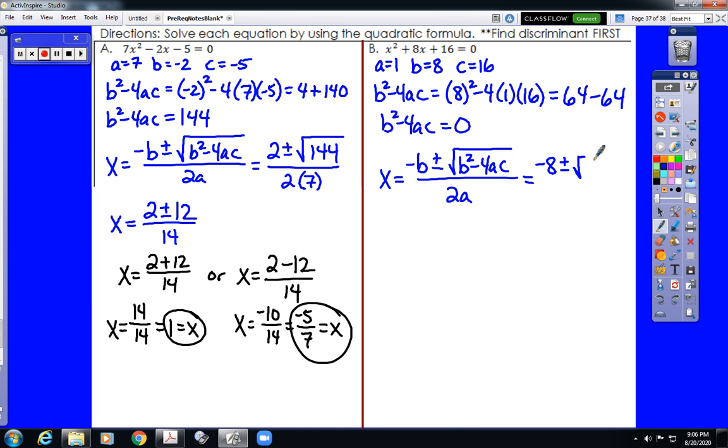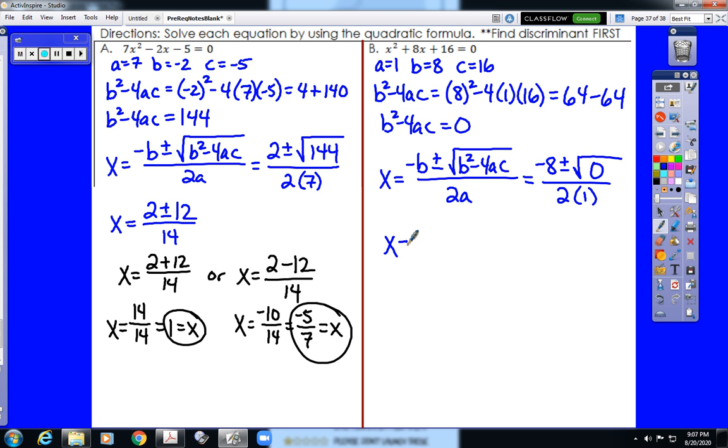Over 2 times a, which is 1. Notice that when the discriminant is 0, what ends up happening is that the plus or minus drops out, because whether we add 0 or subtract 0, it's still -8. So we end up with one solution, x equals -8 over 2, meaning that x equals -4.